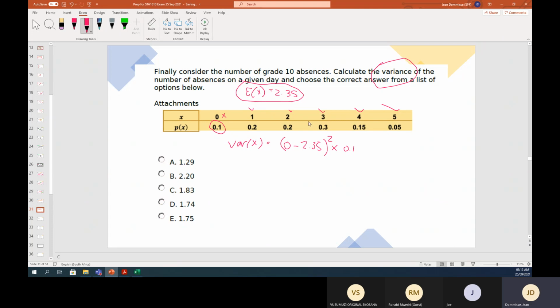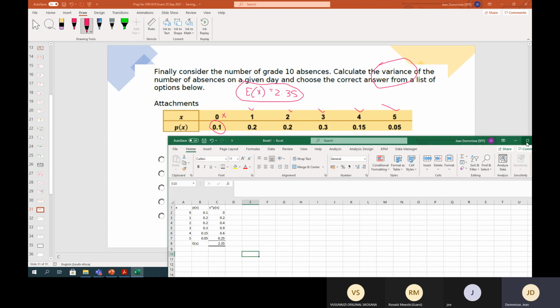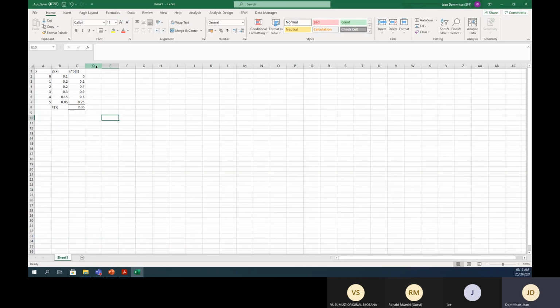So it is another 5 extra calculations, and those answers we will then need to add up to get your variance. So again, it is nearly a lot of work to be done, and hopefully Excel will make it a bit simpler for us.